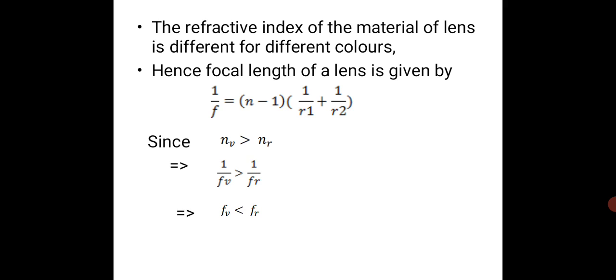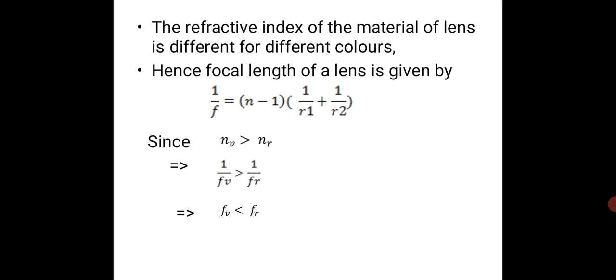of the image. The focal length of a lens is given by 1 by f equals (n minus 1) times (1 by r1 plus 1 by r2), where n is the refractive index of the material of the lens and f is the focal length of the lens.